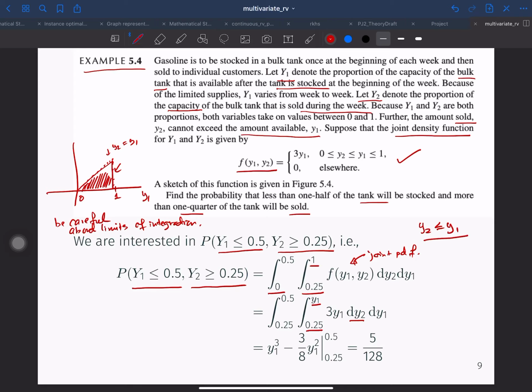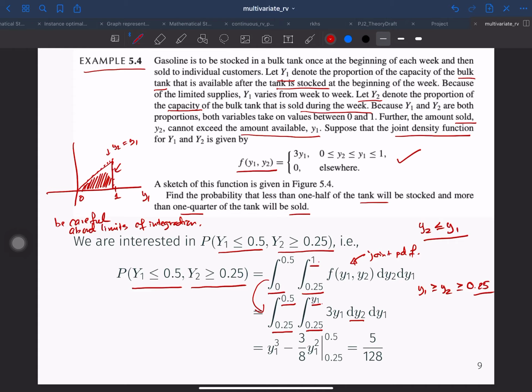Y1 is bigger than Y2, and we assume that Y2 is bigger than 0.25, so Y1 can only go from 0.25 to 0.5. As you can see, the limits of the integrals change between these two integrals.